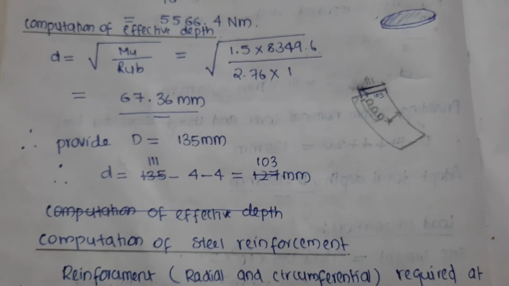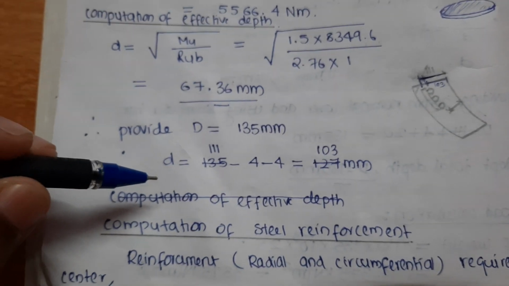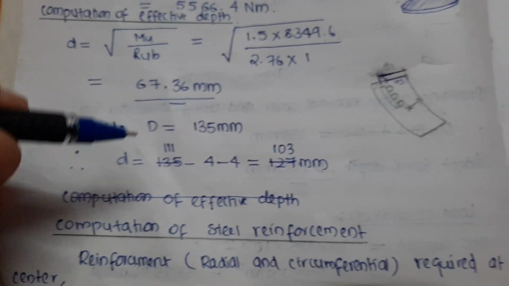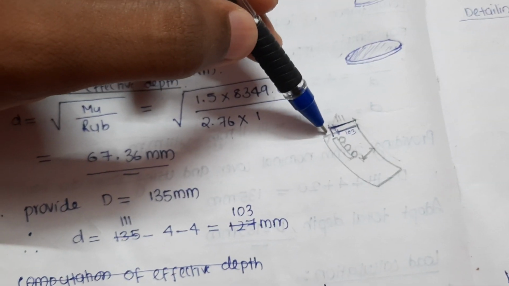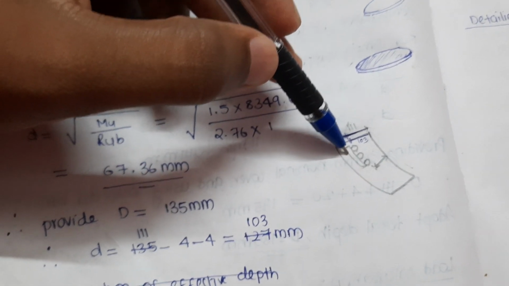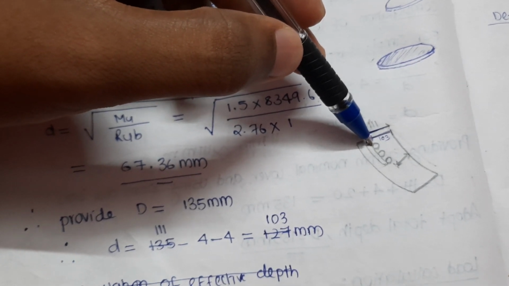Before finding out the area for radial reinforcement, we have to find out the minimum effective depth for calculating that. We are providing a radial reinforcement in one direction and another radial reinforcement perpendicular to that.